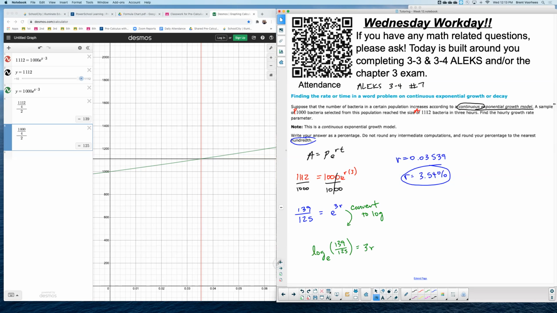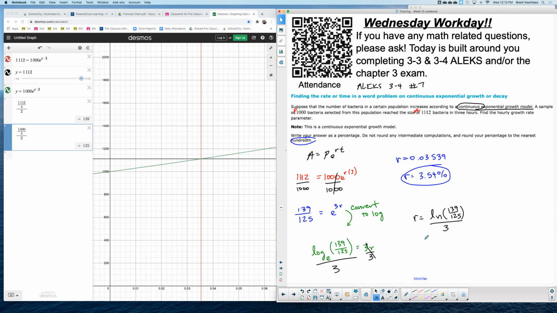So the last step to get r by itself is you divide this thing by 3. And if you didn't know, a log with the base of e is the same thing as ln, a natural log. So what I'd actually type into the calculator is natural log of 139 over 125. When you write natural log, you don't have to put the base in. Natural log means the base is e.